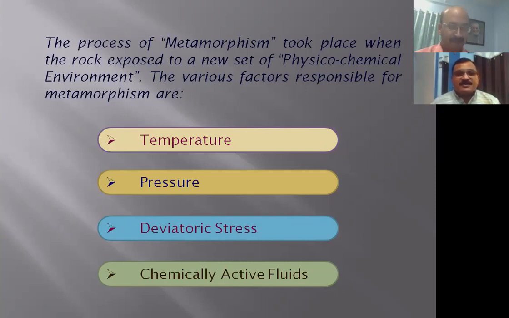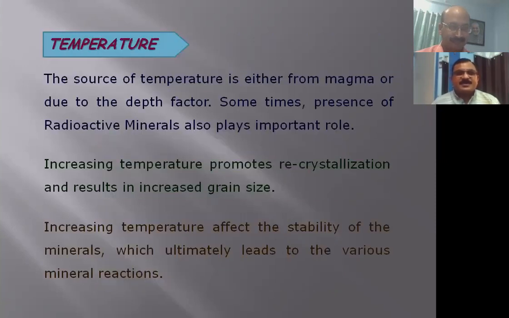Now we will see, for example, temperature. Next slide, please. For temperature, what is temperature? Temperature is nothing, it's heat energy. From where do we get the heat energy? There may be different sources of heat.